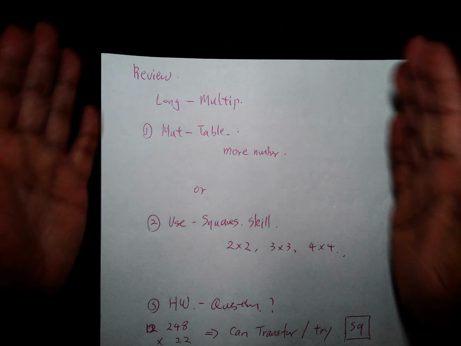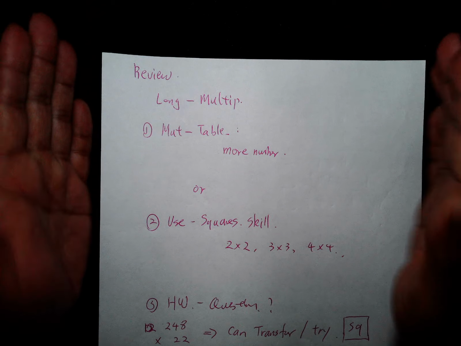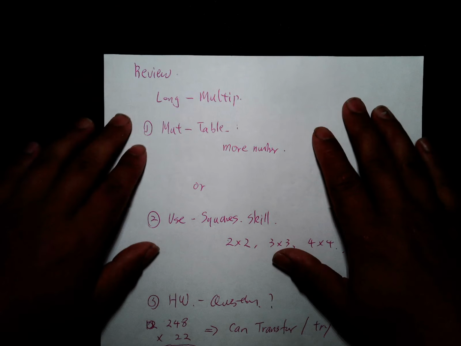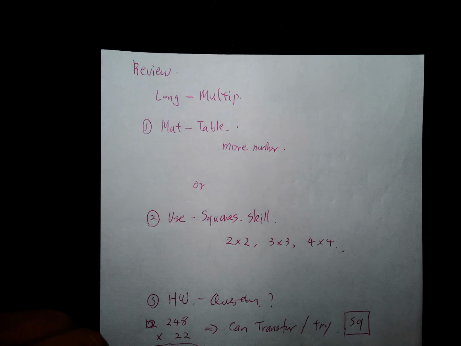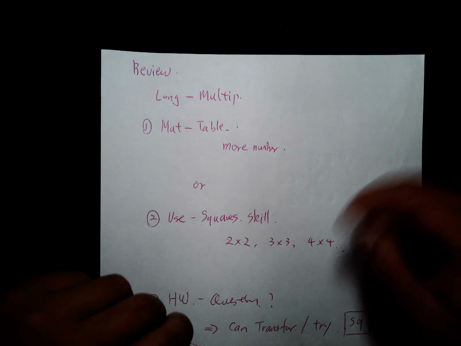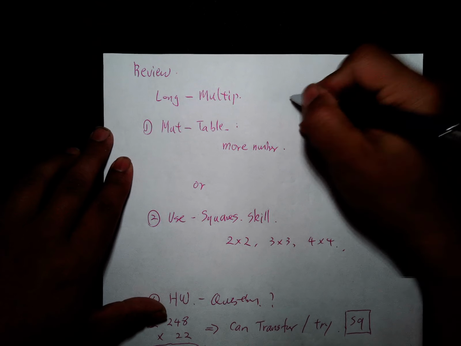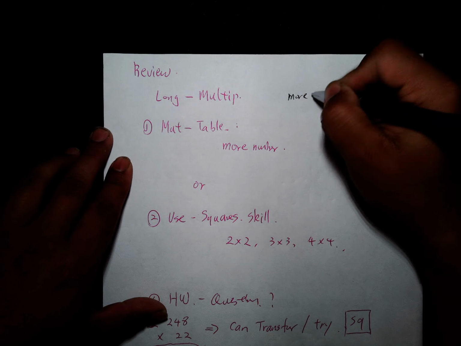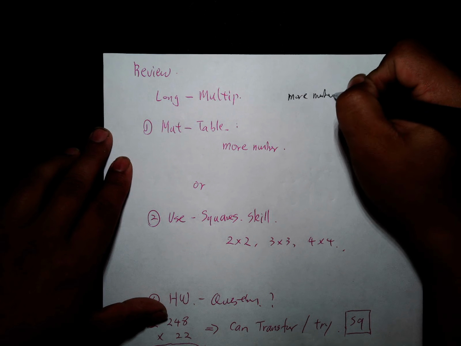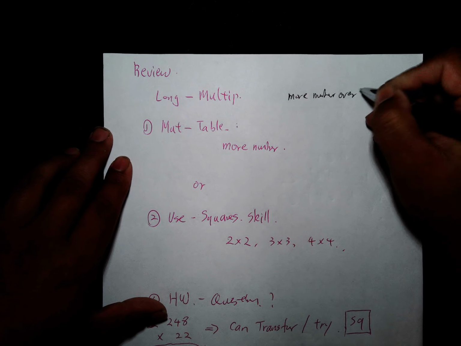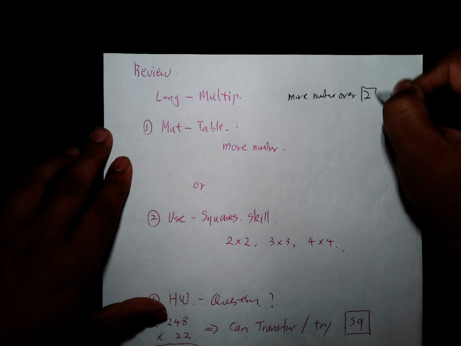We know how to use long multiplication, right? Maybe 2 by 2, 2 by 3, or more numbers over 2.